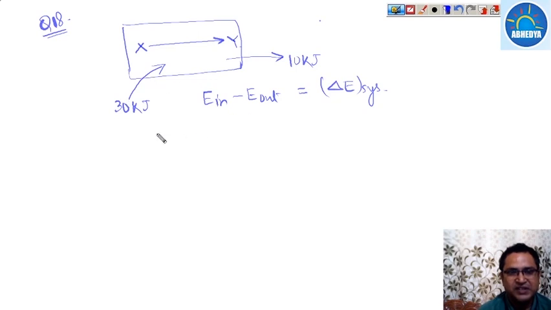How much energy is inside the system? That is 30. What is coming out is 10. So delta U, I am neglecting the kinetic and potential energy.